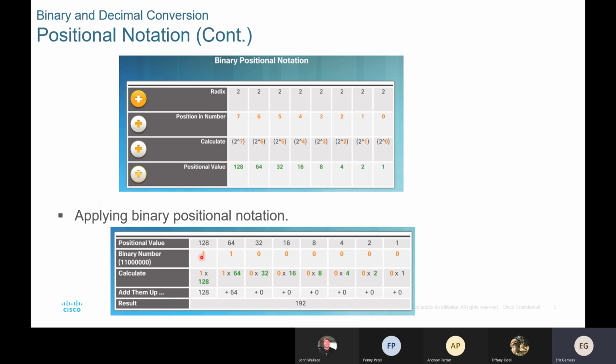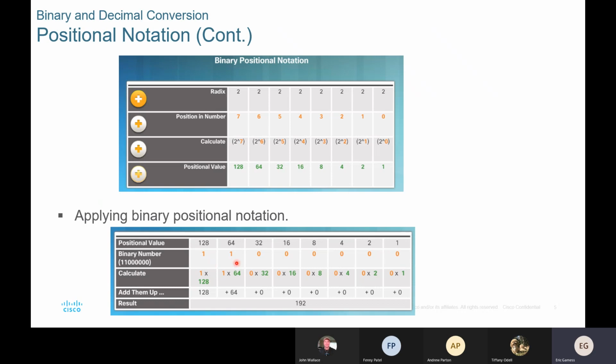Which means that 128 is present in the sum that you must do. This one is associated to 2 to the power of 6, which is 64, which means that 64 is in the sum. This position is associated to 2 to the power of 5, which is 32. Since we have 0, 32 is not in the sum. 16 is not in the sum, 8 neither, 4 is not there, 2 is not there, 1 is not there.